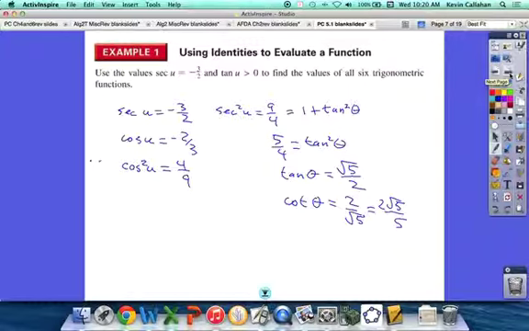So here we go. So this is 1 minus sine squared. Subtract 1 from both sides. Negative 5/9. No, that's wrong. No, that's right. No, that's wrong.